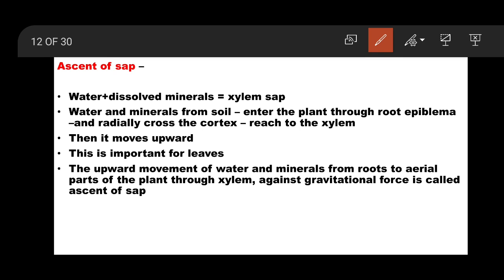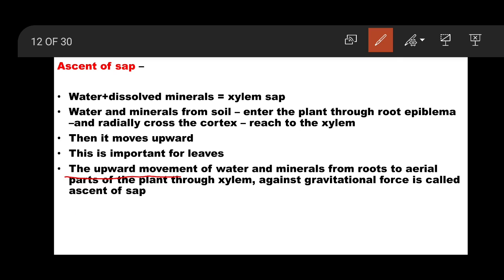This upward movement of water and minerals from roots to the aerial parts of the plant through xylem, against the gravitational force, is known as ascent of sap. Let us revise what I told.